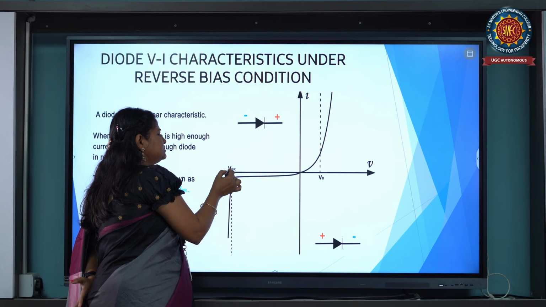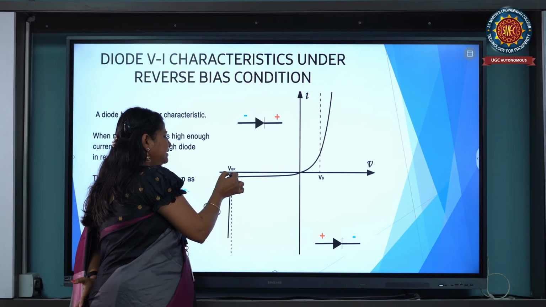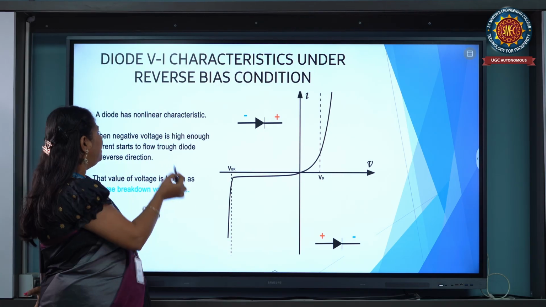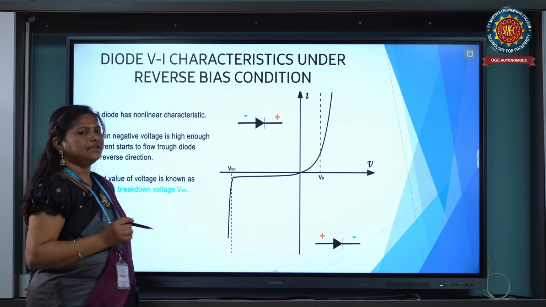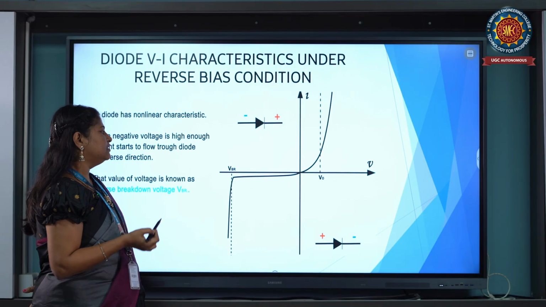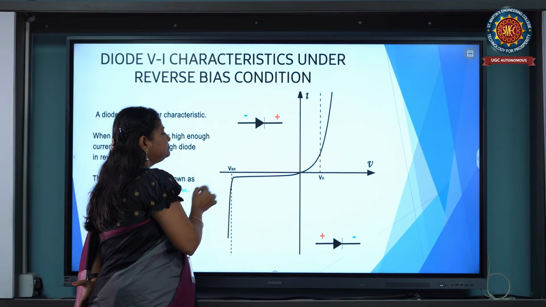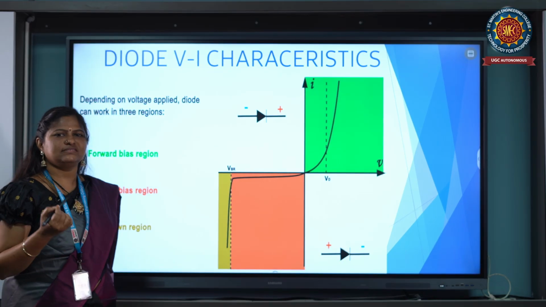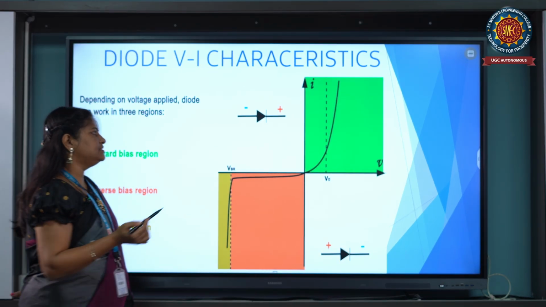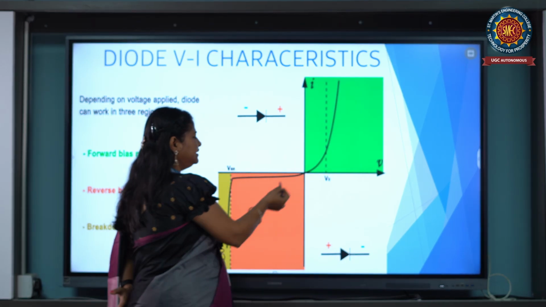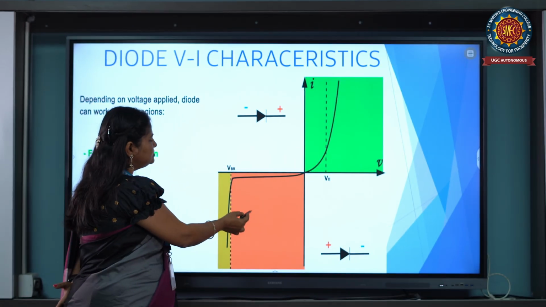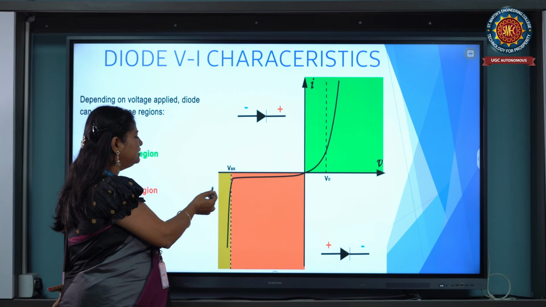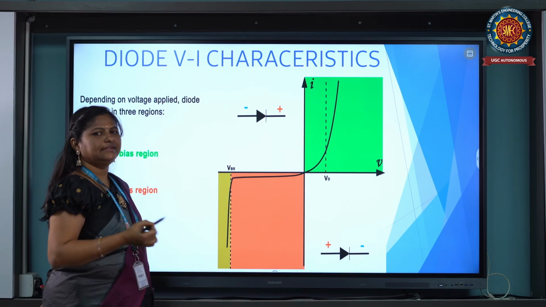Whenever it reaches the breakdown region, the current increases rapidly, and that region we call the breakdown region. So based on the applied voltage, the diode operates in three regions. One is the forward region, the second one is the reverse bias region, and the third one is the breakdown region.